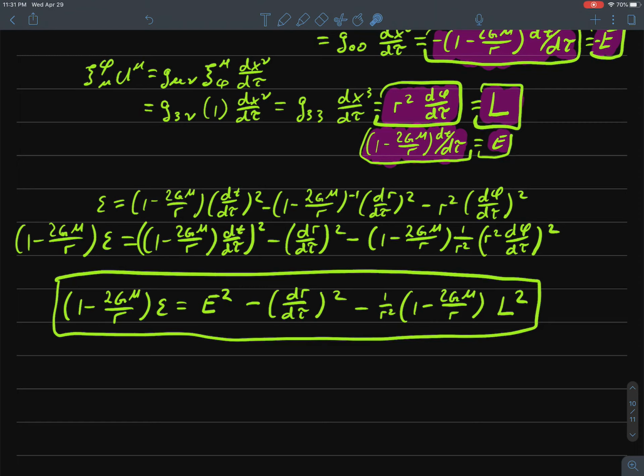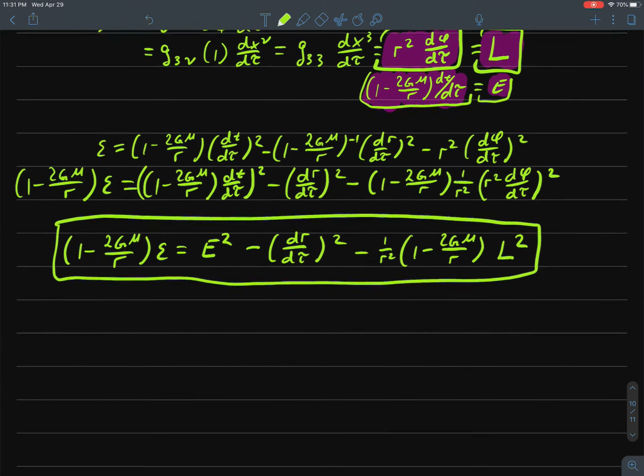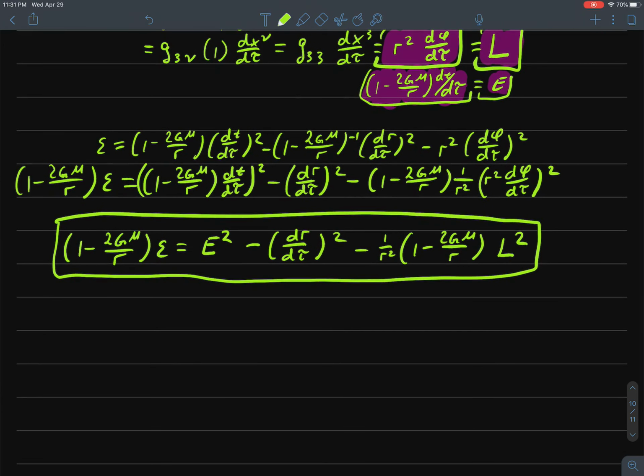But what I want to do next is do a couple of redefinitions that are convenient. And what I would like to do first is divide some things by 2. And let me solve for E squared in this case.